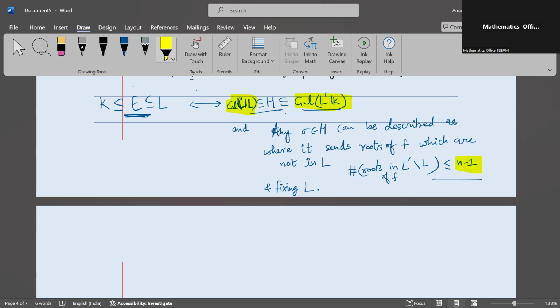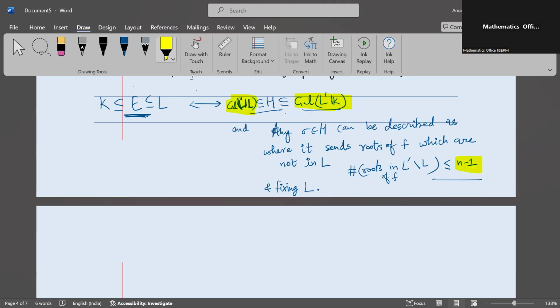How should we count these subgroups? These are defined as automorphisms which permute the roots of F. F might not be irreducible.